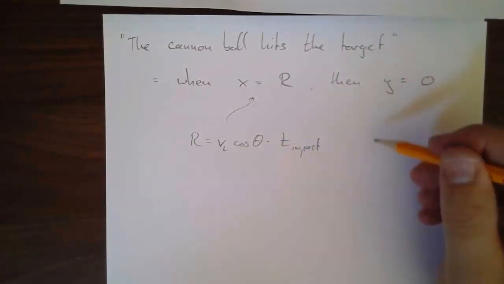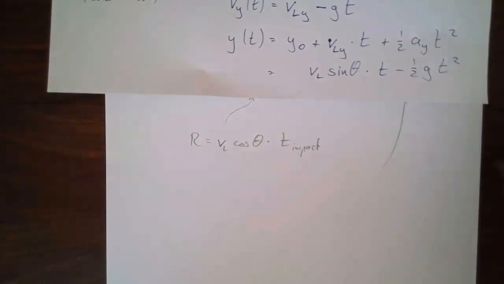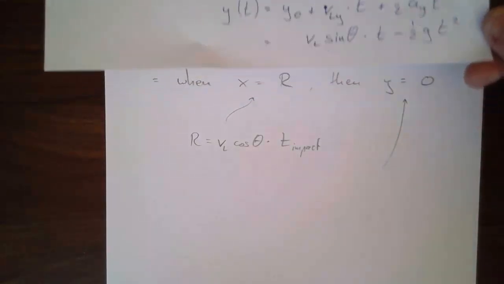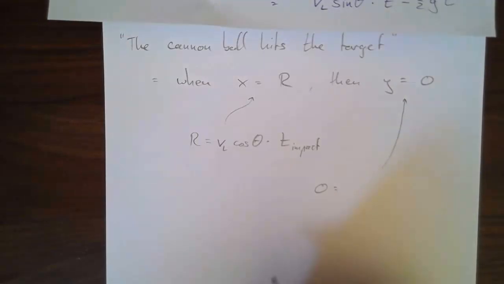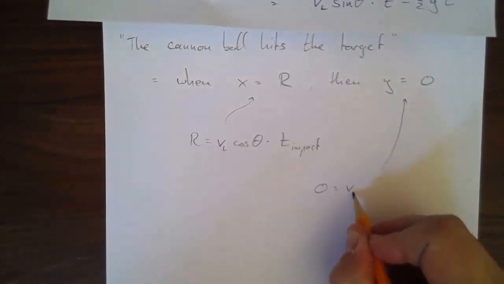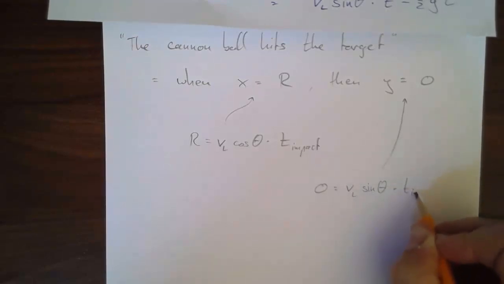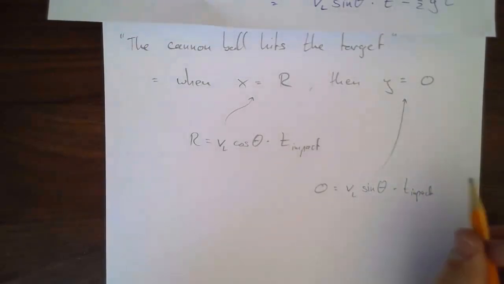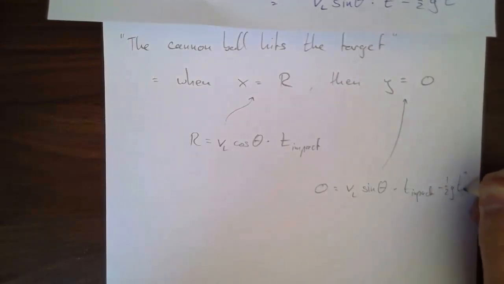And then in the y direction, well, how am I going to say this? I have an expression for the y direction too. It's right here. So I have that 0, the y position, is equal to VL sine theta times t impact minus 1/2 g t squared. And again, that's impact.